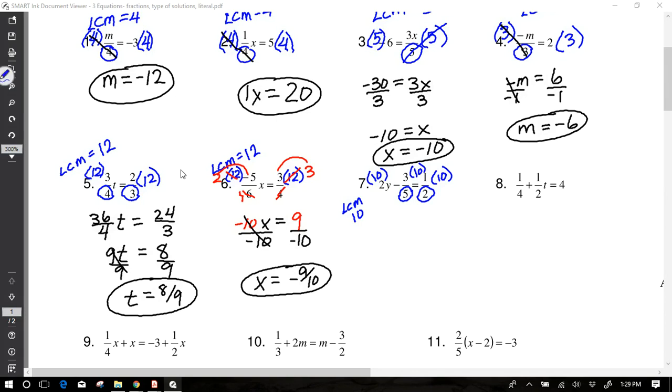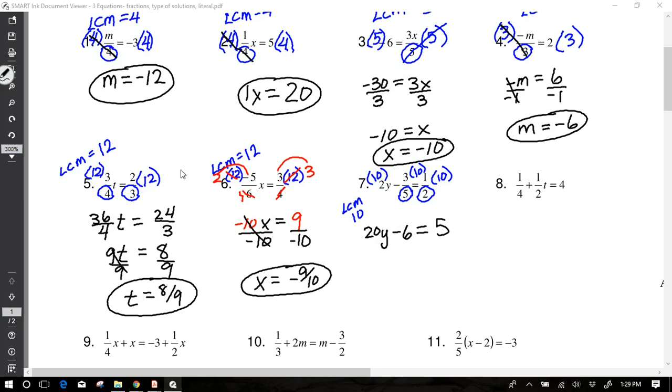Alrighty, so let's start by just simplifying what these will be. I have 10 times 2y will give me a 20y. I have 3 times 10 is 30 divided by 5, and that is a 6. I'm going to bring down the negative, and then 10 divided by 2 is 5.